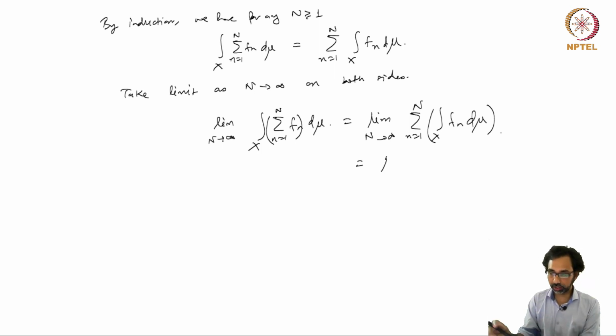The right hand side is already something we want, which is the sum from n equal to 1 to infinity of the integral of f_n d mu.